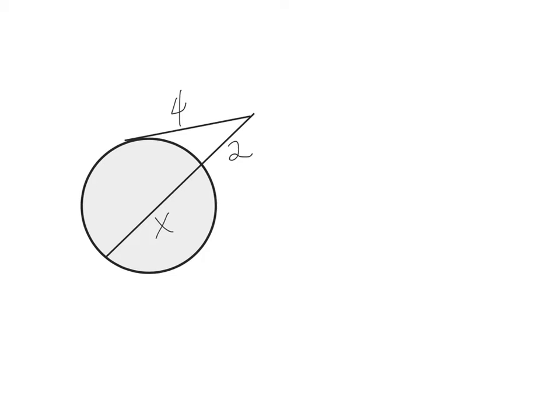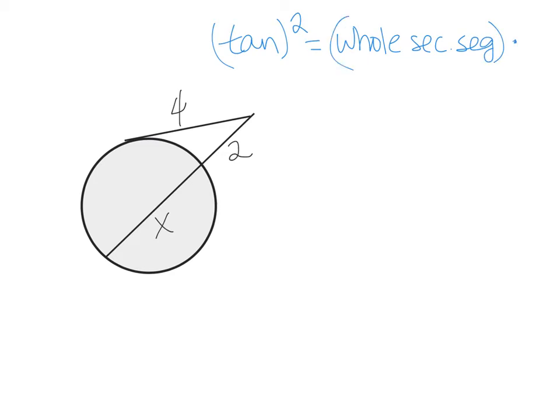Okay, this is when we have a tangent and a secant. Okay, so the formula for this is the tangent squared equals the whole secant segment times the exterior segment.